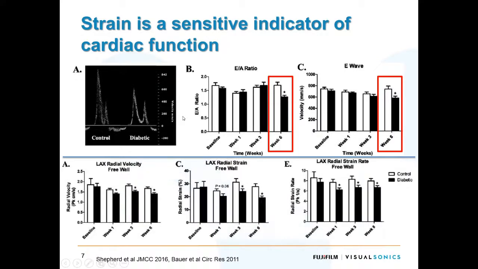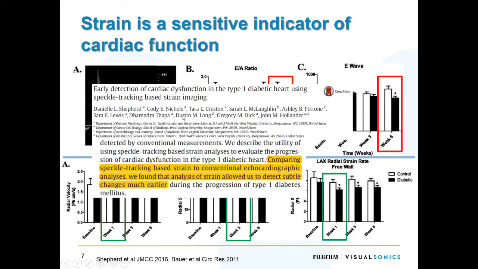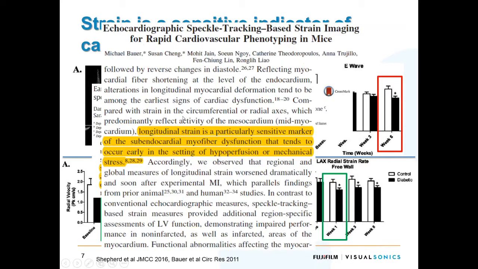But if you start entering that same animal model into strain software, now you can see that the changes that are happening actually occur as early as 1 week after induction. So this is really an early way of detecting subtle changes. And longitudinal strain in particular is a sensitive marker of dysfunction, which we'll get into in a little bit.